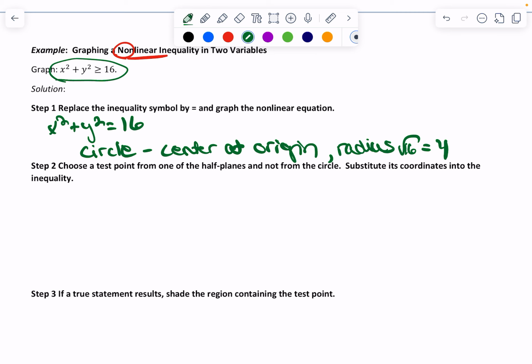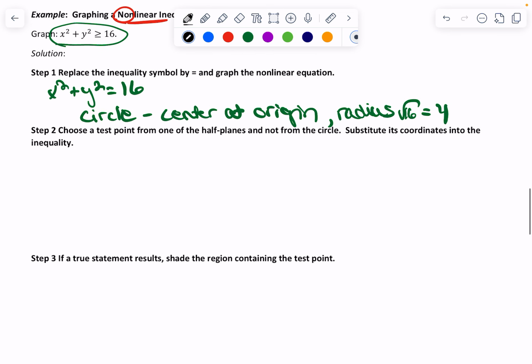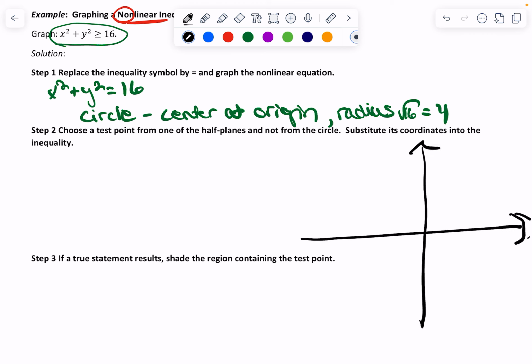Okay, so let's look at graphing it, or actually I should say sketching it, because a circle is not the easiest thing to draw.